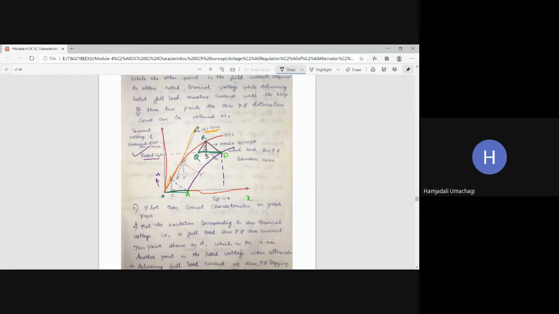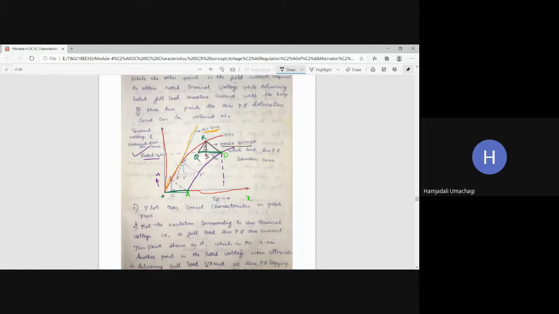Then take the scale, keep it in line with the air line, and slowly move the scale till it touches the point Q. By the time it touches the point Q, the scale is also going to touch the OCC line. So mark that point as R. Now join RQ, join RP, and then drop the perpendicular to the line PQ. Wherever it intersects at the 90-degree angle, call that point S. And now this triangle PQR we call the Potier triangle.